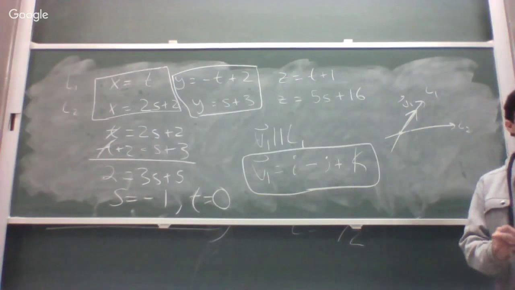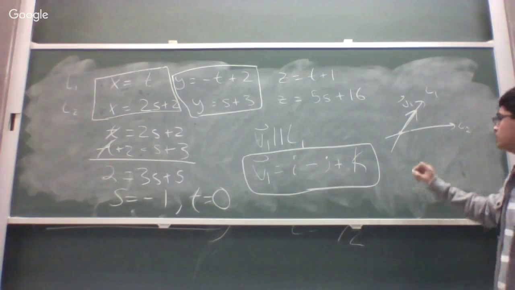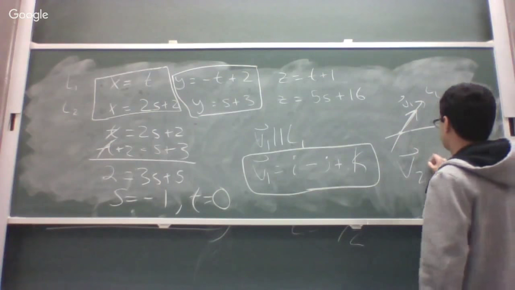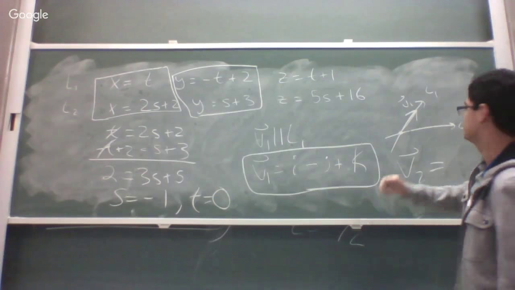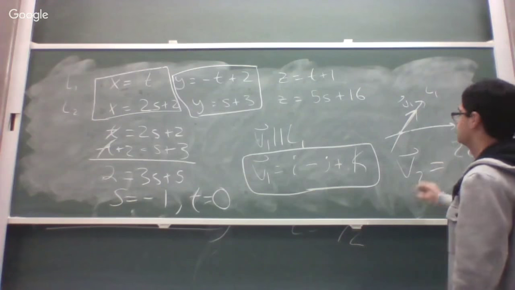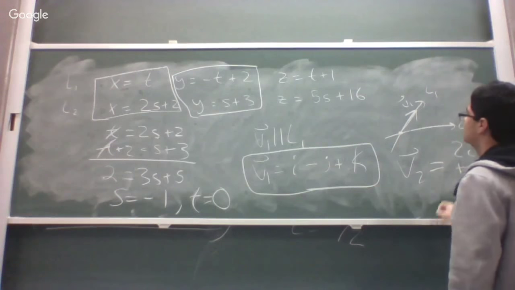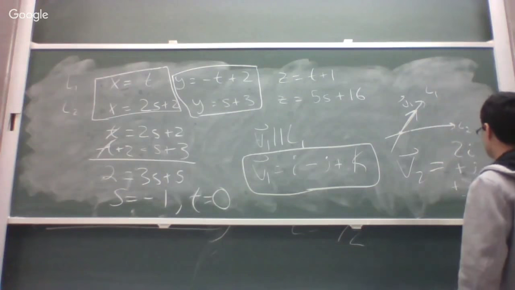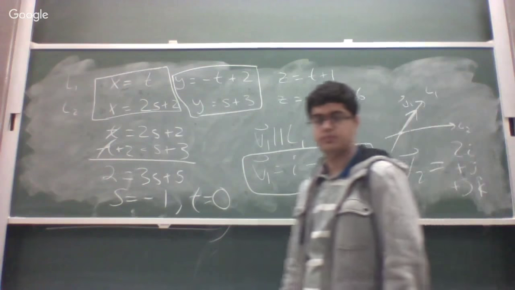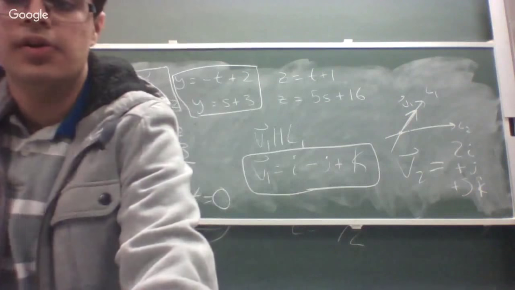Any questions? So what is V2? 2i plus j plus 5k.